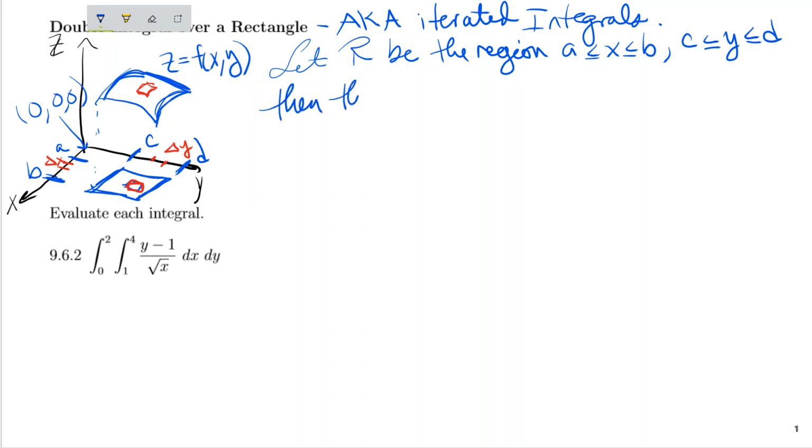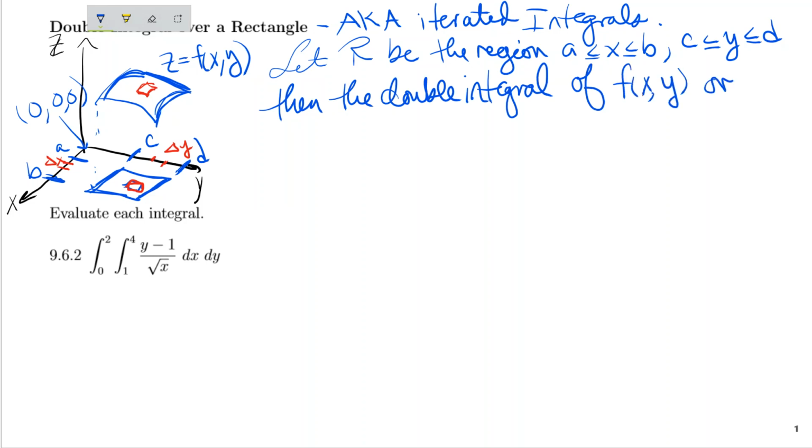Then the double integral of f of x y over R is, and this is pretty simple, you write it as the integral over R of f of x y, and I'm going to do this as dy then dx, and I'll explain what that means in a second.